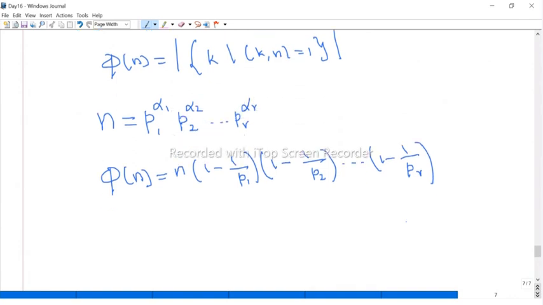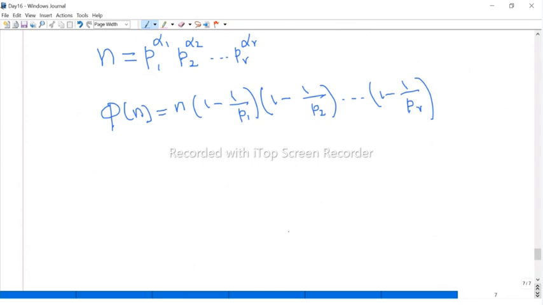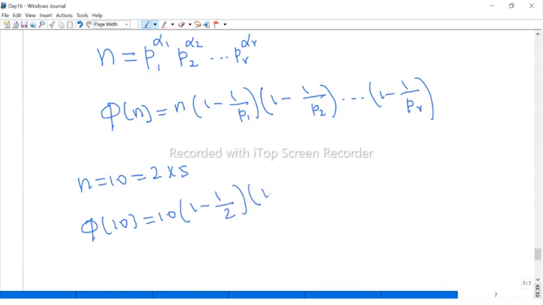So for example, if n equals 10, 10 can be written as 2 into 5. Therefore alpha 1 is 1 and alpha 2 is 1. So what is phi of 10? It is 10 into 1 minus 1 by 2, into 1 minus 1 by 5.